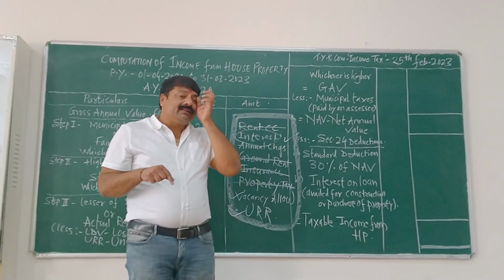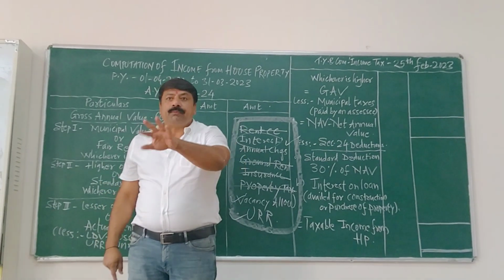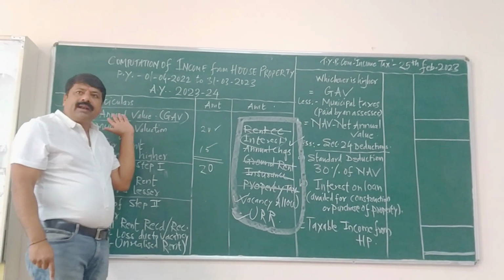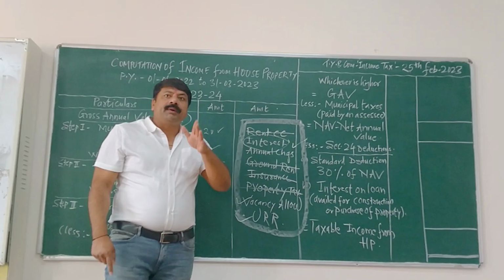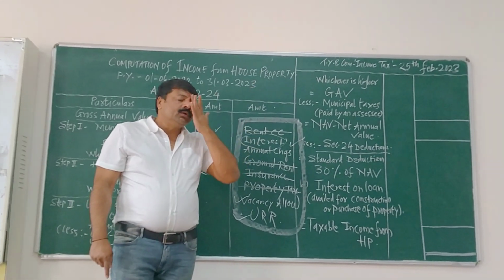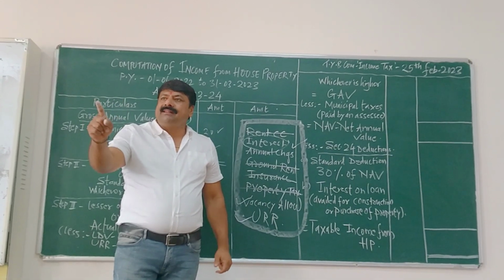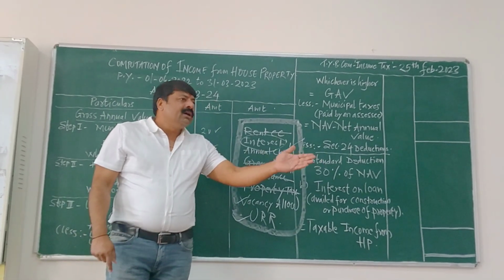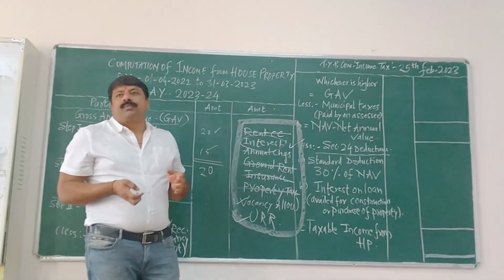Then you have to decide in such a case which property will be self-occupied. Looking at the figures of municipal valuation and fair rent, you will come to know which property has the highest value, so that it will be declared as self-occupied property. Others will be let out properties or deemed to be let out properties.